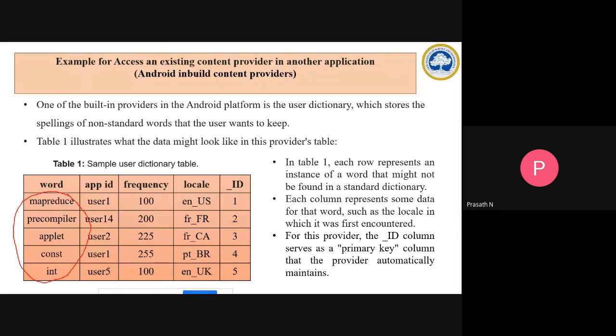The table also stores the applicant ID, what their ID is, the frequency, how many times they used it, and in which locale, in which dictionary it has been used. US dictionary, French, Canadian, Brazilian, UK, what dictionary is used, and what is that ID. So this is the table. From this table, how the content provider is going to work, that is what we are going to discuss.